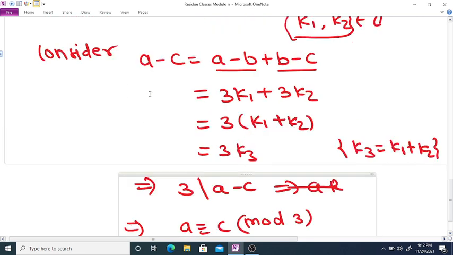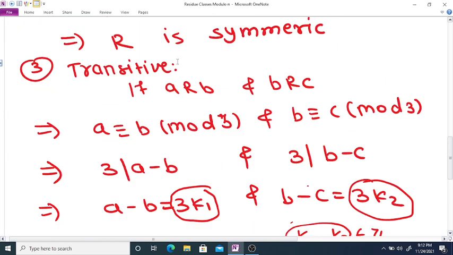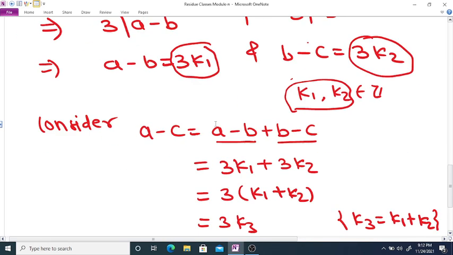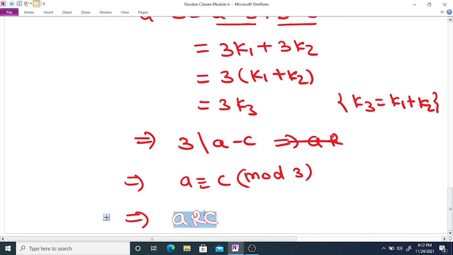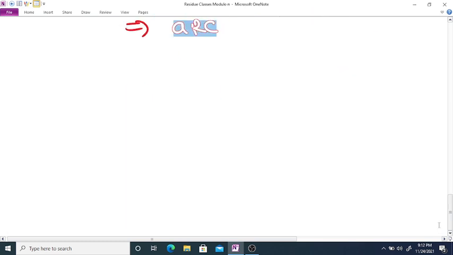So if a is related to b and b is related to c, then a is also related to c, and therefore the given relation R is a transitive relation.